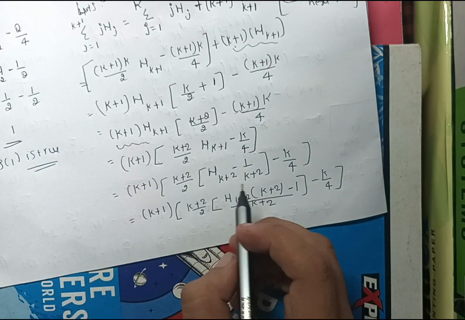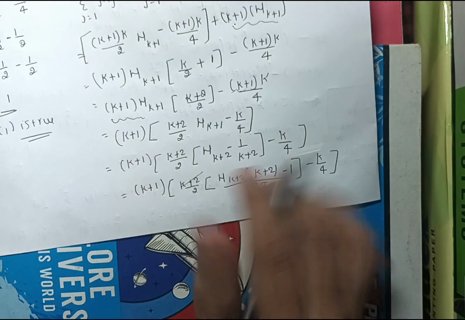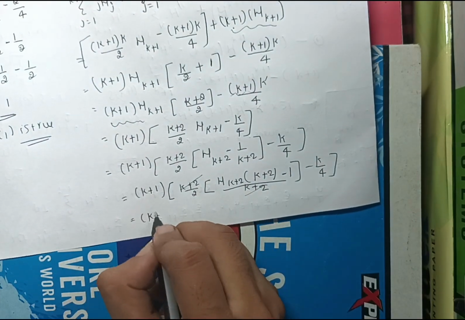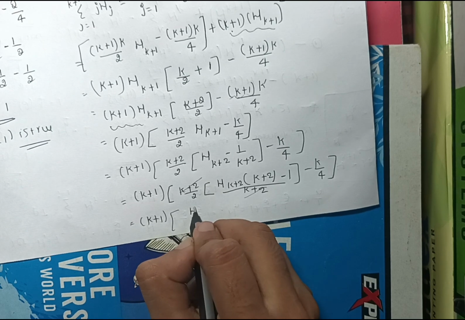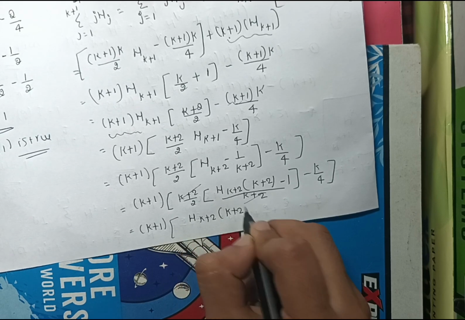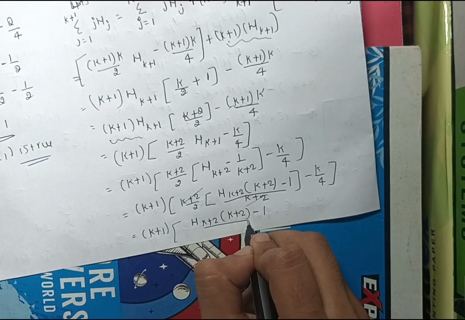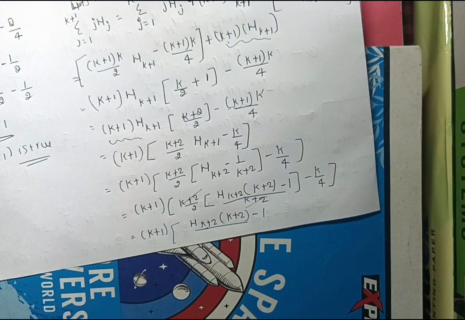k plus 2 is common. Next, k plus 1 remaining, what? h of k plus 2 into k plus 2 minus 1 divided by k plus 2.